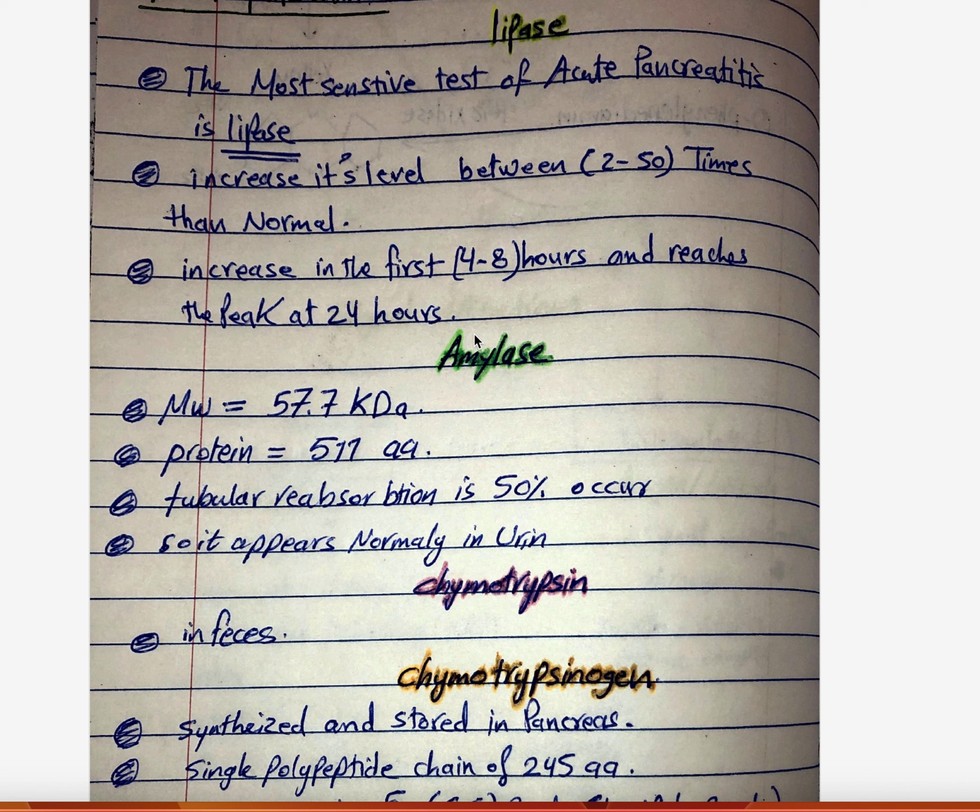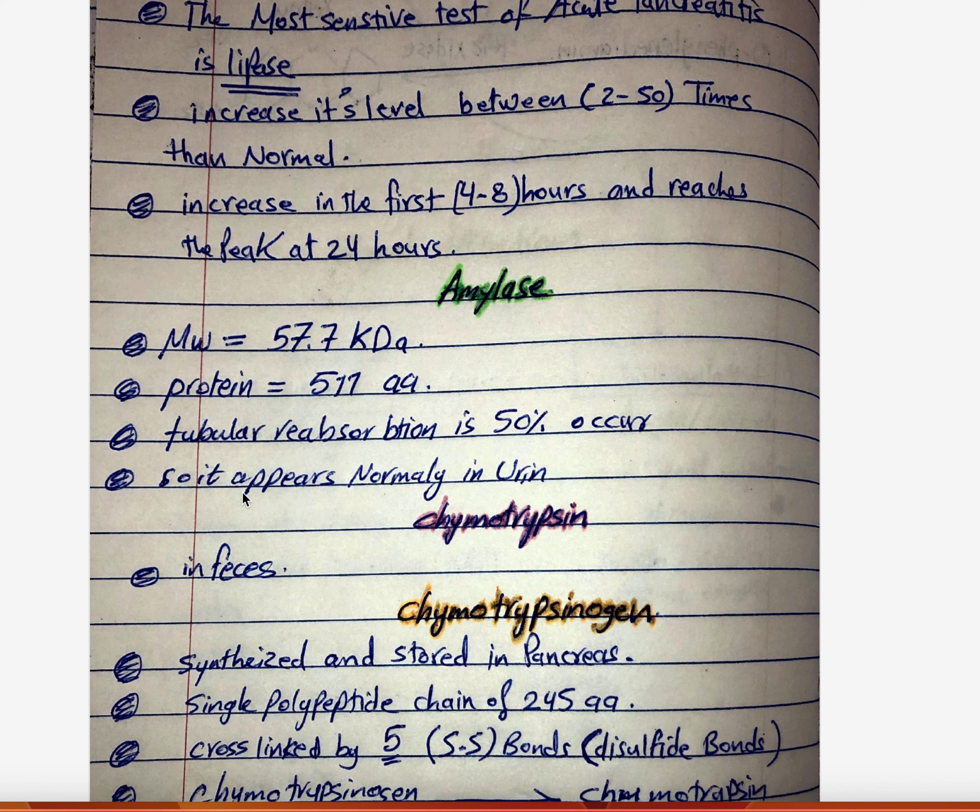But for amylase, 50% is reabsorbed through the tubules. That means 50% of it returns to the blood, and 50% appears in the urine. So amylase normally appears in the urine.